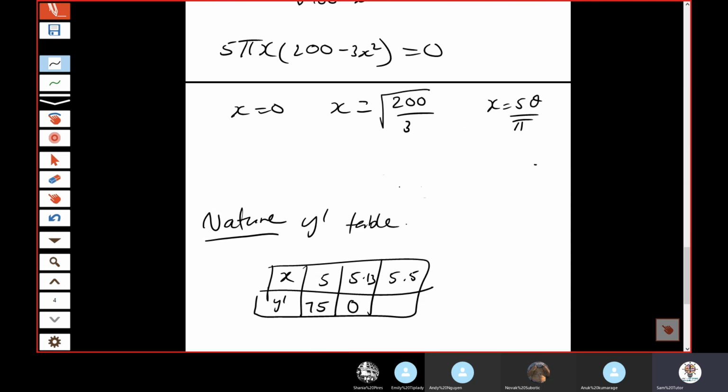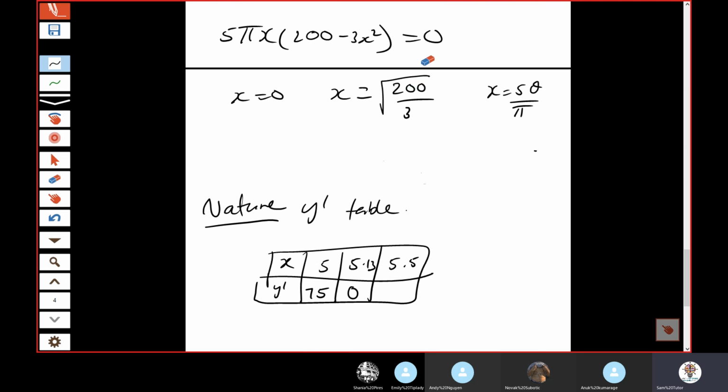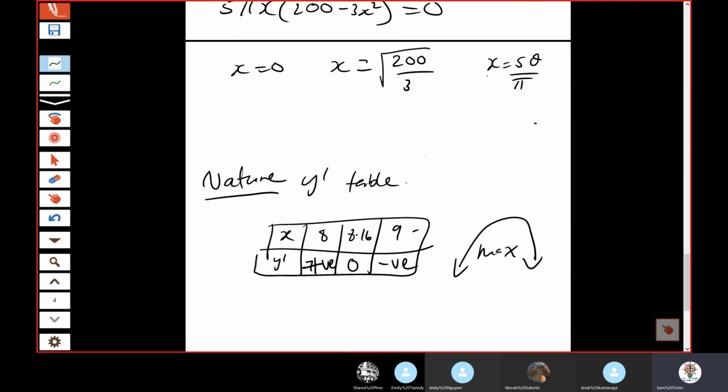X is this. You'll do your maximum for that, which is now 8.16, so you'll choose 8 and 9. And obviously this one's going to be positive, this one's going to be negative, which means it will be a max, which is great. You found x, but you needed to find theta.